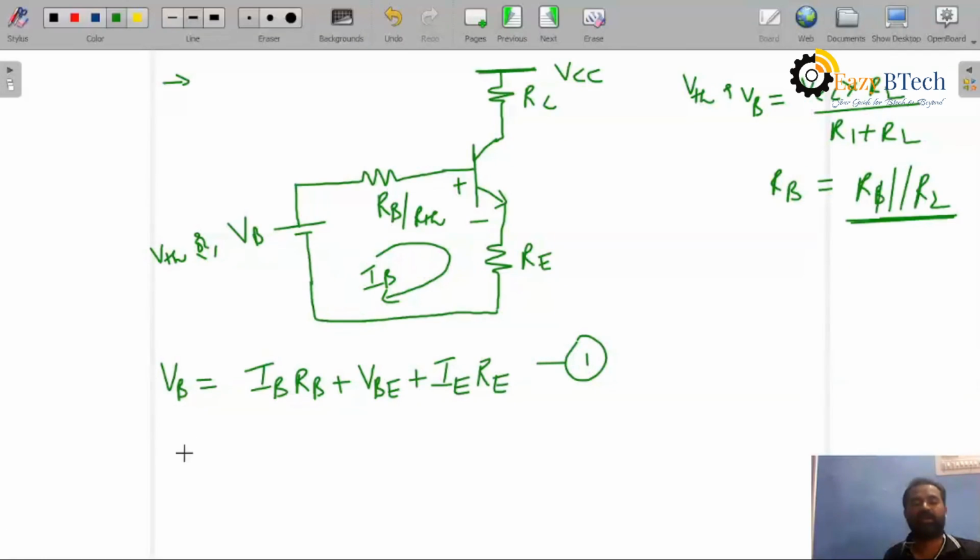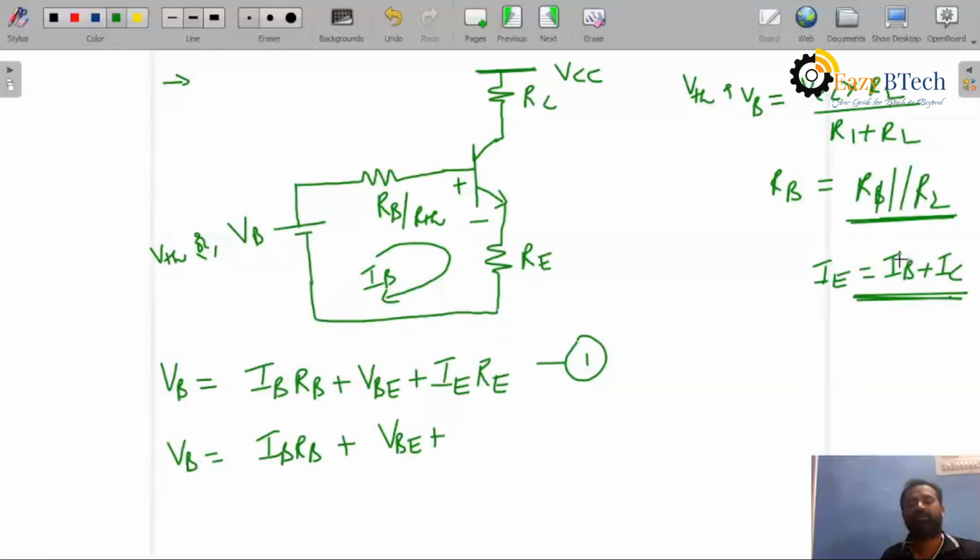This we may write as VB equals IB RB plus VBE plus IE times RE, where the total emitter current in the transistor is IE equals IB plus IC.